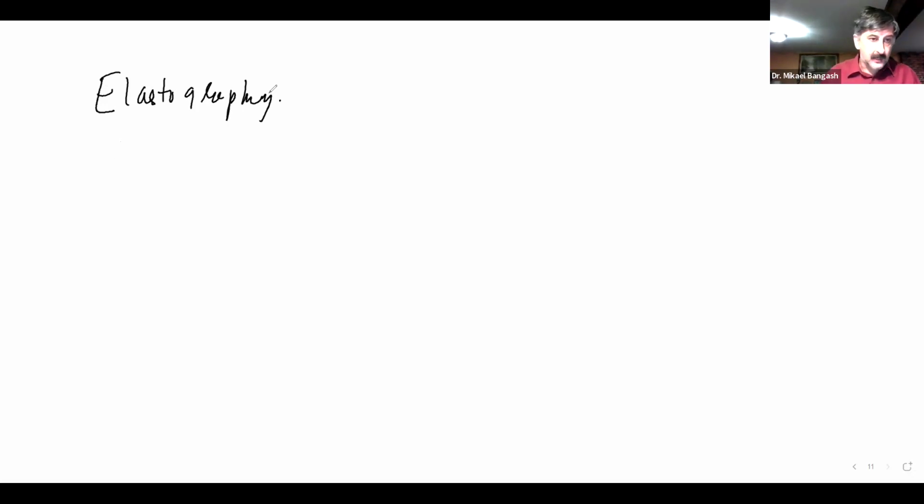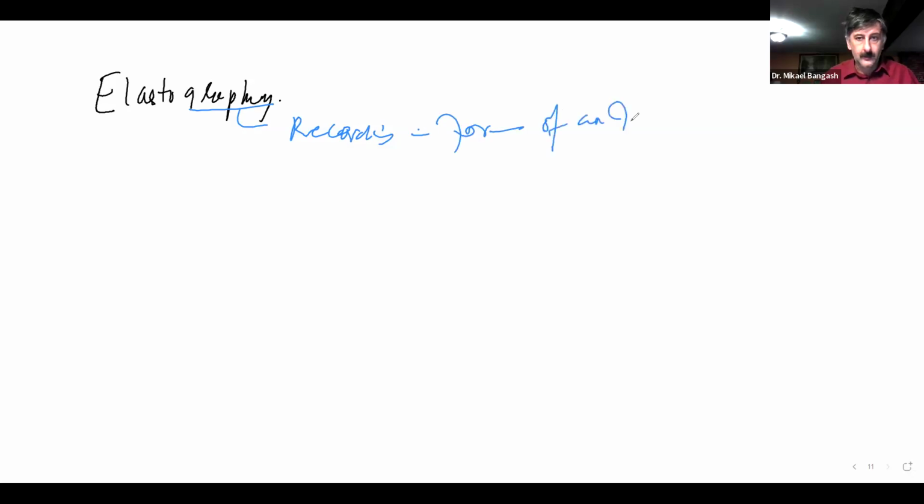Now guys, if you just look at the word elastography, it's made up of two things. Graphy we can mean as recording, and mainly for our cases, in the form of an image.